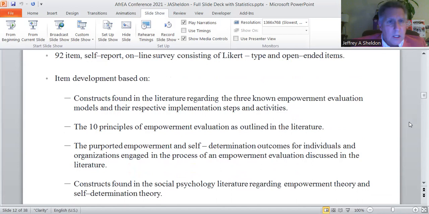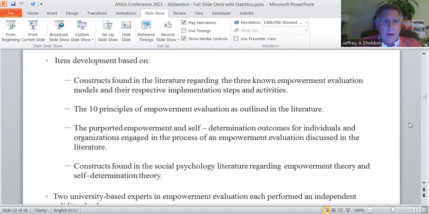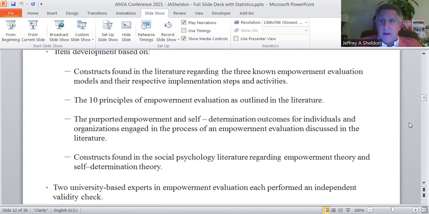Basically, a 92-item self-report online survey consisting of Likert-type and open-ended questions, so kind of a mixed methods study. For item development, I used constructs found in the literature about the 3 known empowerment evaluation models and their respective implementation steps and activities, the 10 principles of empowerment evaluation as outlined in the literature, and the purported empowerment and self-determination outcomes for individuals and organizations engaged in empowerment evaluation discussed in the literature.